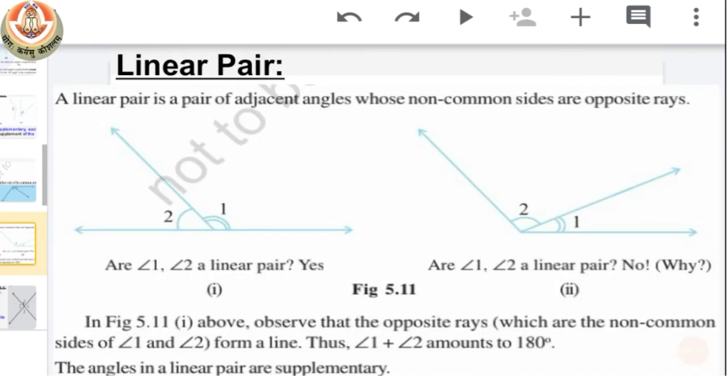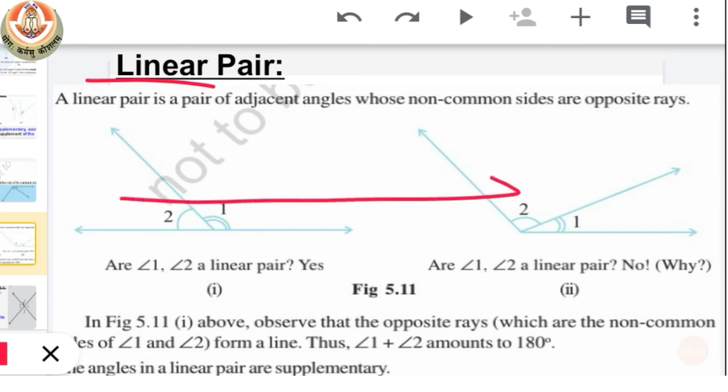So let's move on to our next topic, which is linear pair. The term itself refers to it: linear means a line, pair means a group of two.